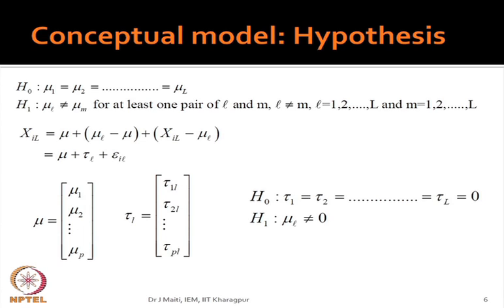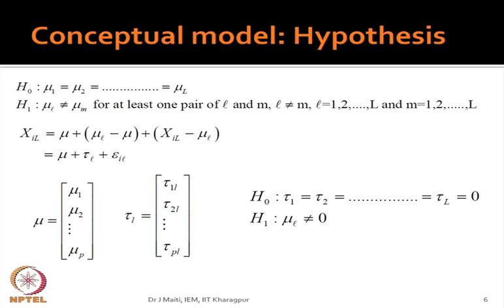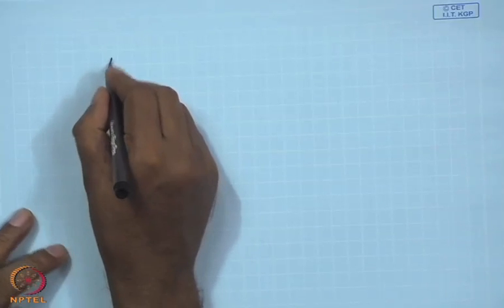Then MANOVA assumes something, and MANOVA also does hypothesis testing like ANOVA. What are the hypotheses in ANOVA?